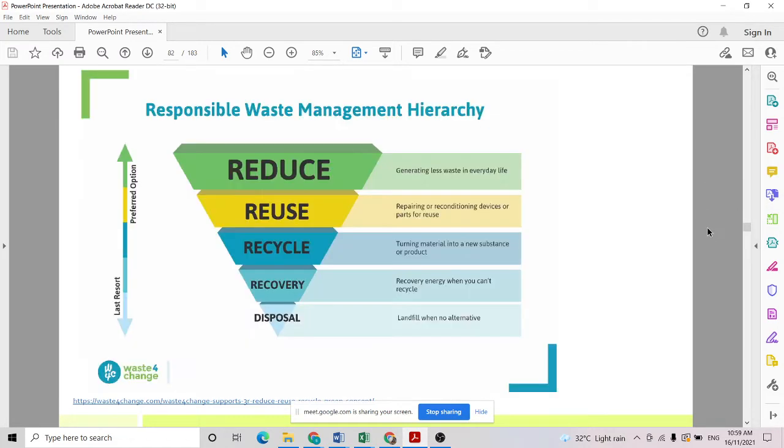So this is one example about waste management. If you have the opportunity to reduce waste, this is the effort we put in: reduce as much as possible all the waste you need to throw away.